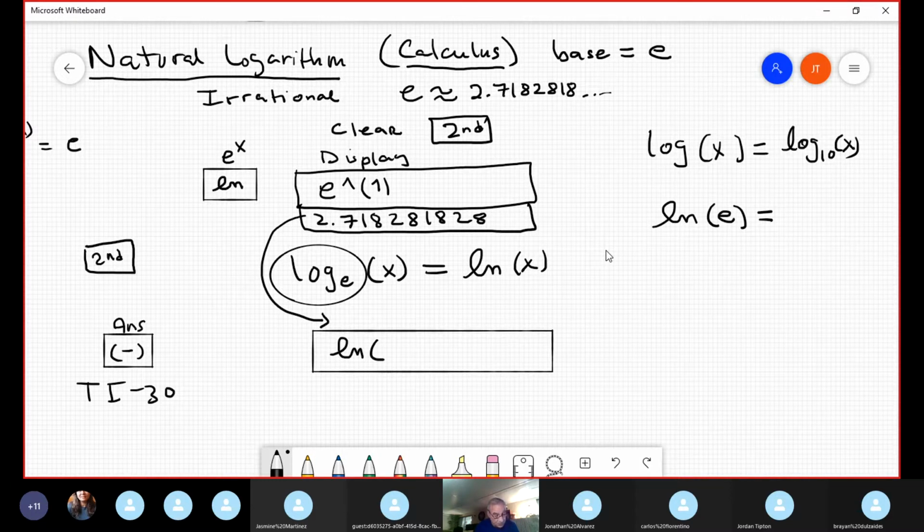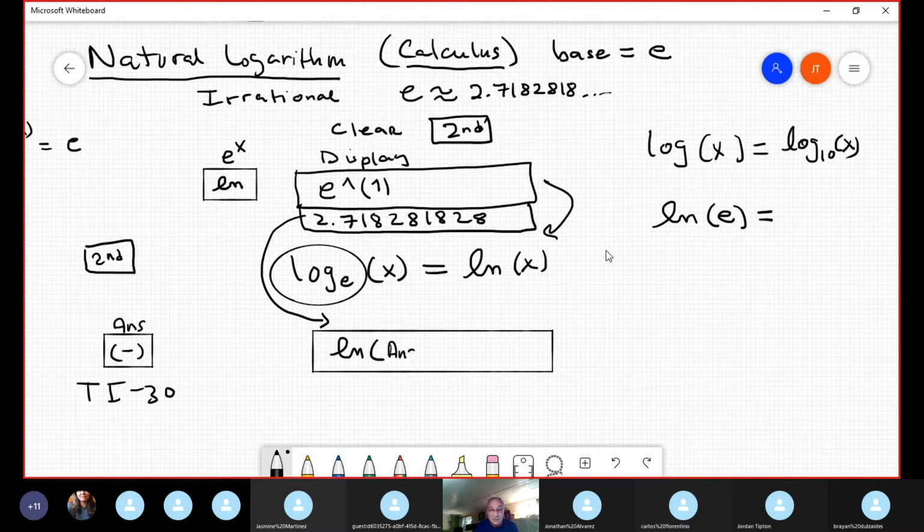The exponential of 1 gives 2.71. Okay, I did this step again. Now I press ln, then second answer, and you see something like that.